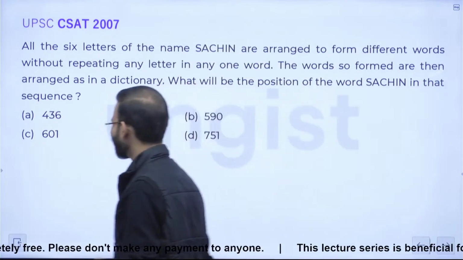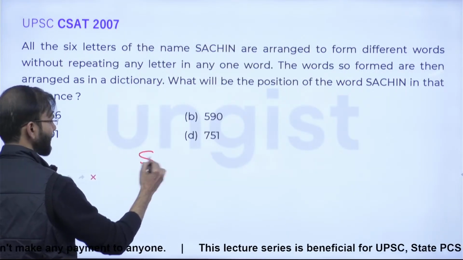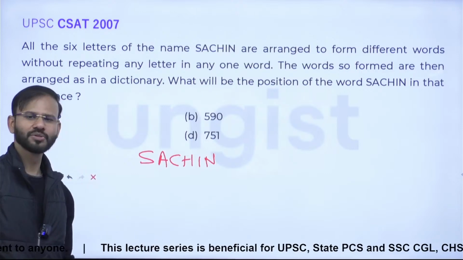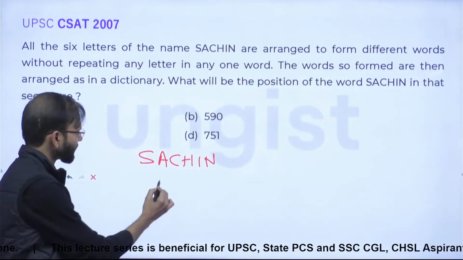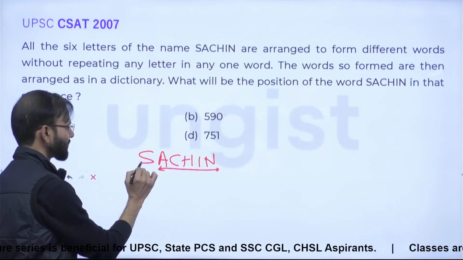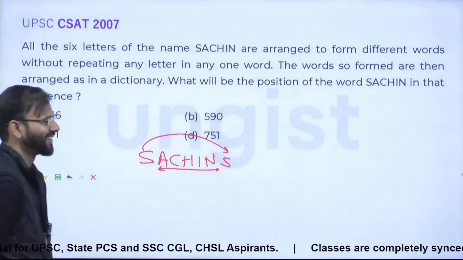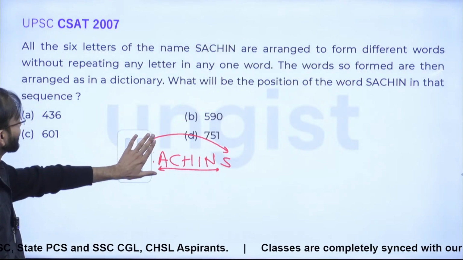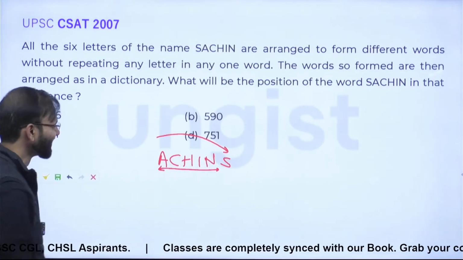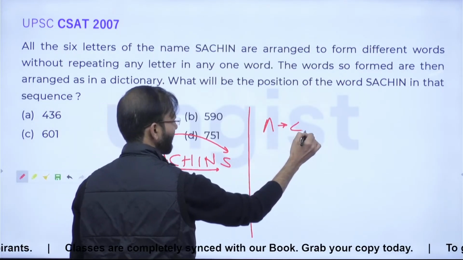Yes, everyone, look. Why am I saying Sachin is a very good word? The reason is it is S-A-C-H-I-N. Everybody just look at this. Here, everything is in alphabetical order apart from S, and when you adjust S, it will go here. So no disturbance. So with A it is factorial 5.